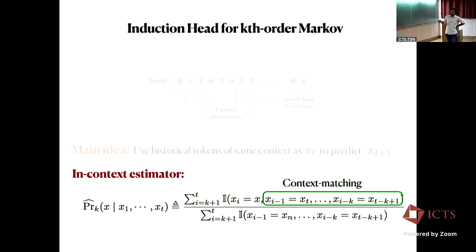If that's the case, I look at the symbol xi and use it as a proxy for my next symbol. That's it. And you normalize by all such matching occurrences because it has to be a probability. That's the main idea. It's nothing fancy, just empirical counting wherever the same context has occurred.